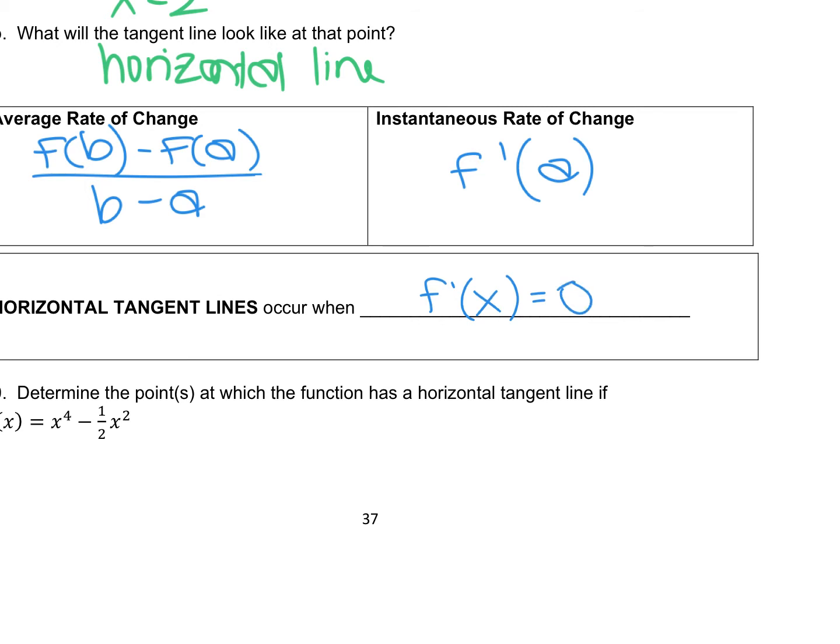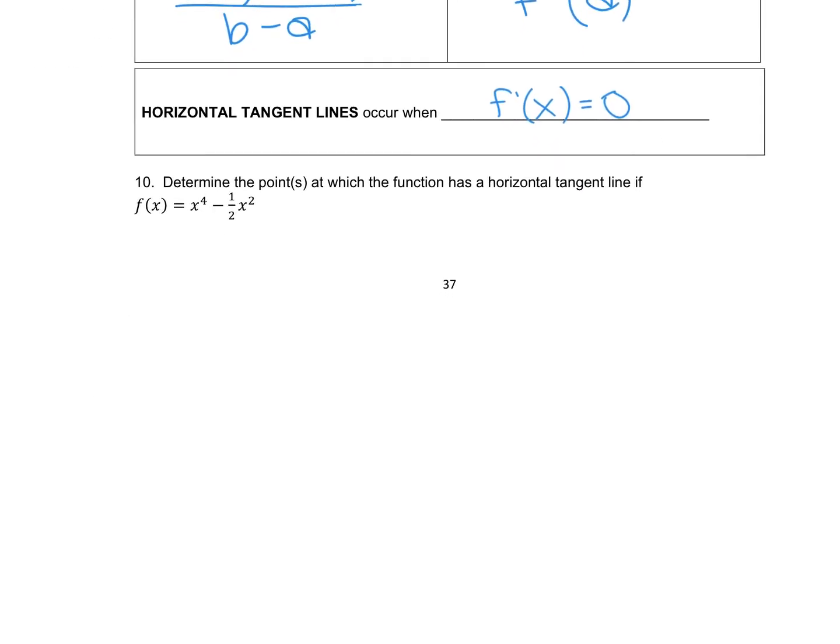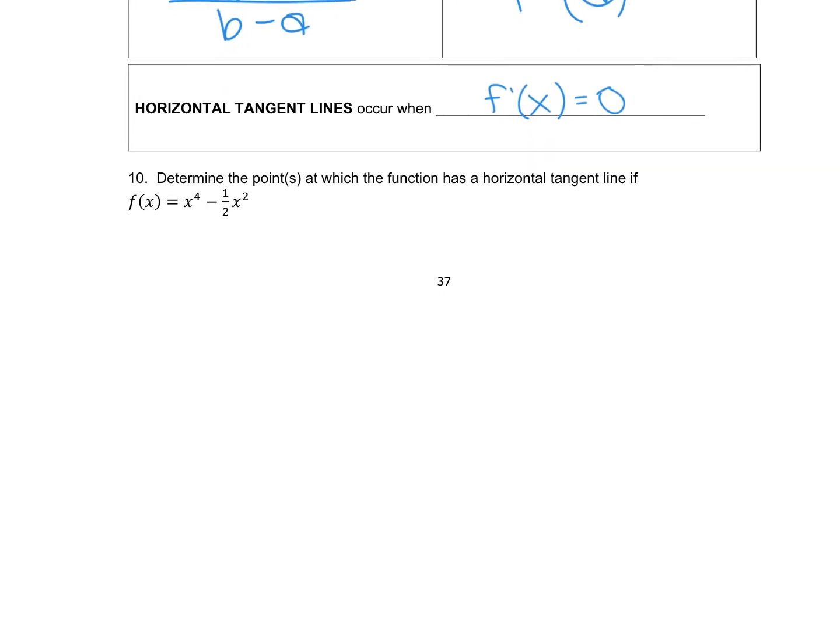So, this is kind of the last set of directions we'll talk about before we jump into using our calculators for this. Okay? You may also be asked, determine the points at which the function has a horizontal tangent line. We did that above, looking at a graph, right? And we could see this is where it changes from negative slopes to positive slopes, right at the bottom, the vertex, therefore it has a horizontal tangent line.